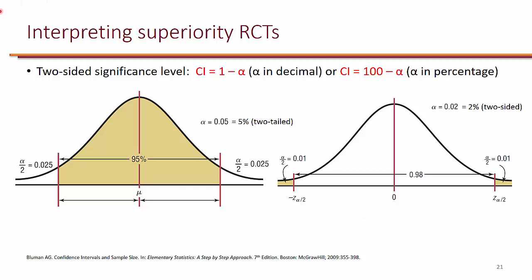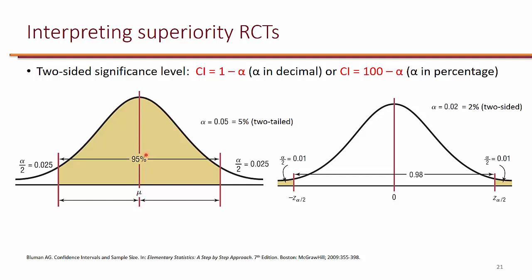When it comes to interpreting superiority randomized clinical trials, you will hear the concept of two-sided significance level. As I mentioned, we're interested in 95% of the distribution, which is within two standard deviations from the mean.